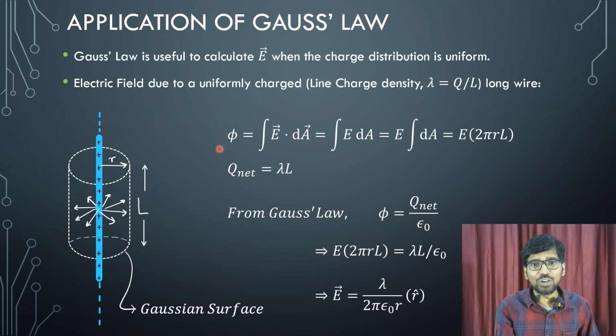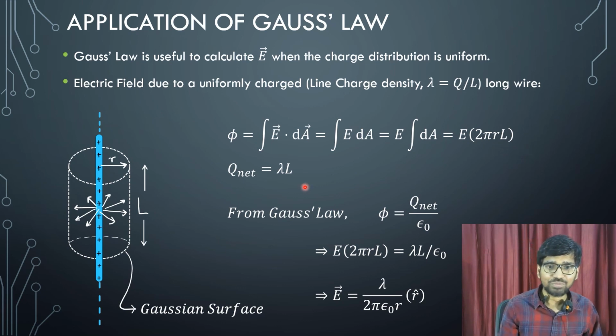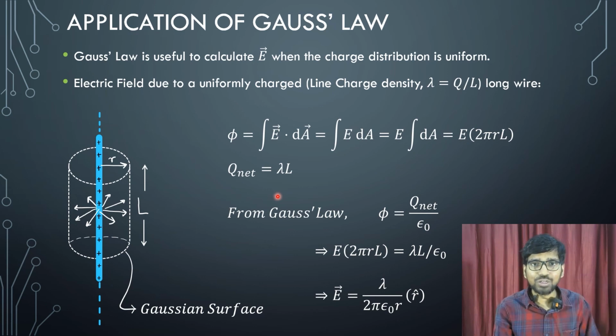Therefore, flux will come out to be the magnitude of electric field times the curved surface area of a cylinder, which is 2 pi RL. And what will be the net charge within that Gaussian surface? Lambda times L, because L is the height of the cylinder.